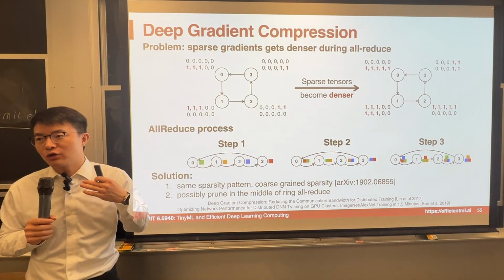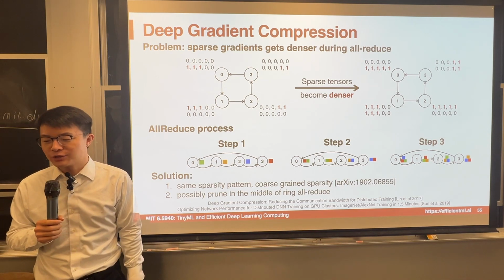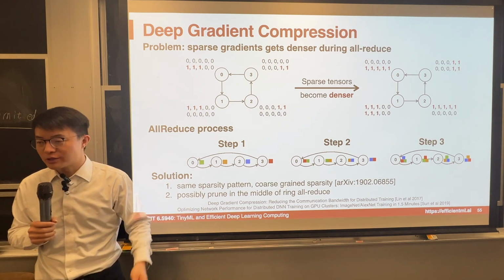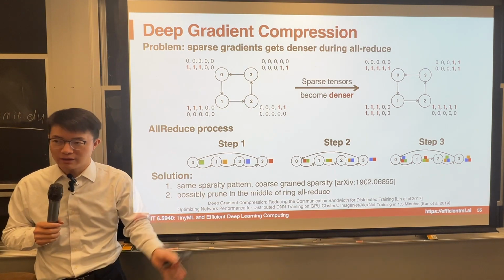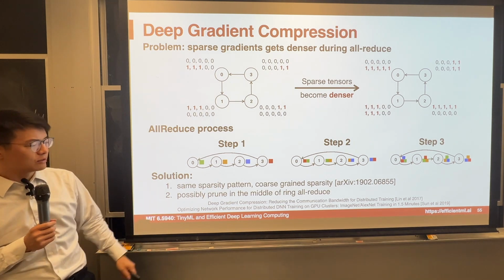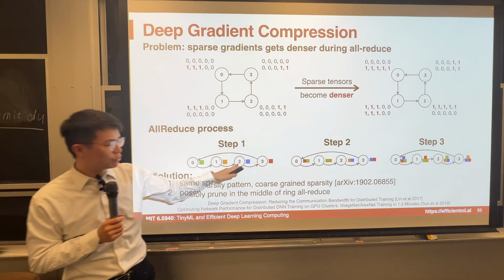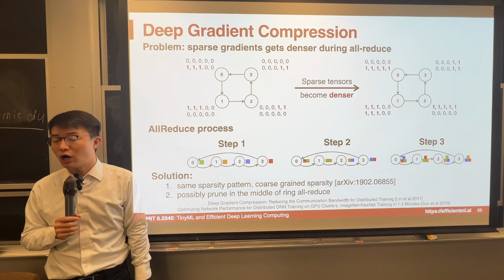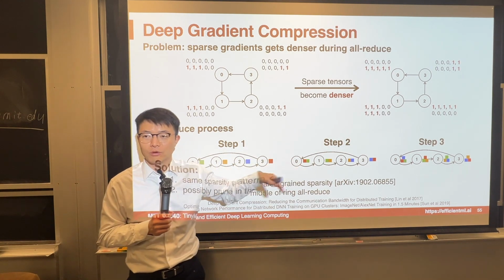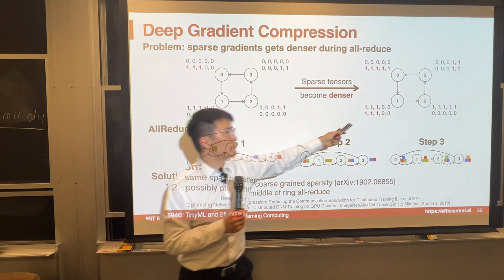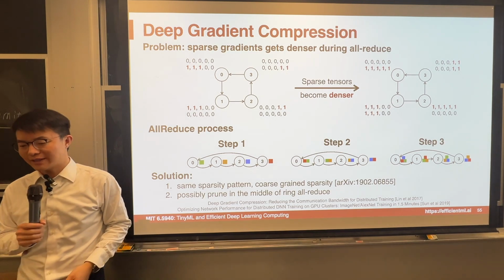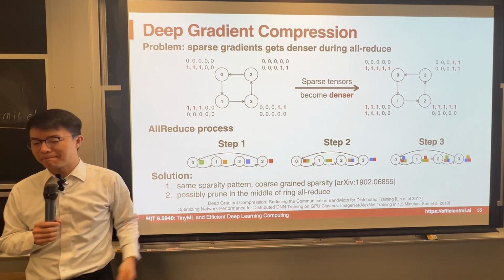Given we have a huge opportunity to make it sparse, like 99.9%, this method will hurt the sparsity ratio a little bit, but enable us to have the same sparsity ratio across iterations. And possibly we can also prune in the middle of this ring all-reduce process. After the first iteration, we prune again to prevent it from getting denser. This remains to be seen.